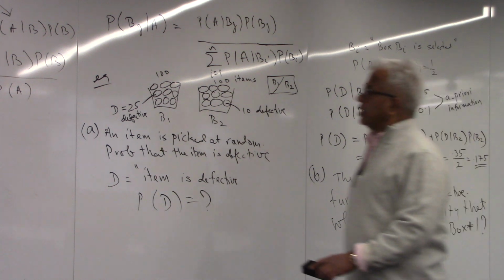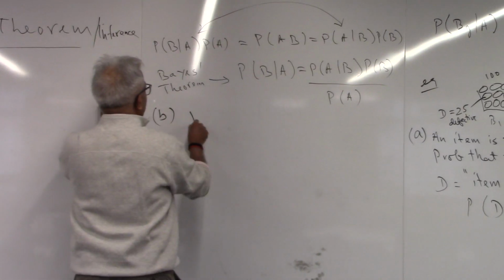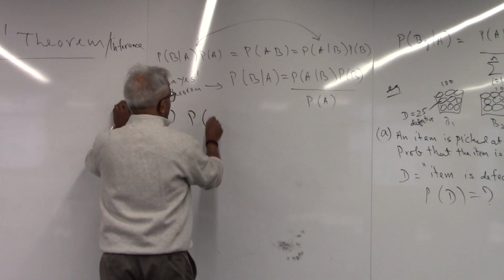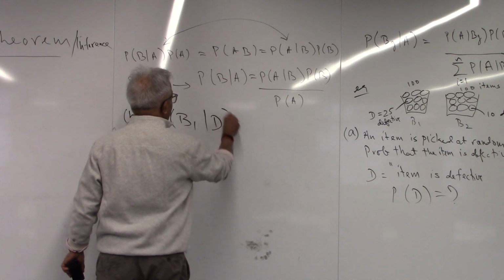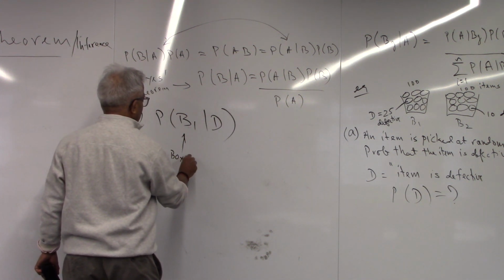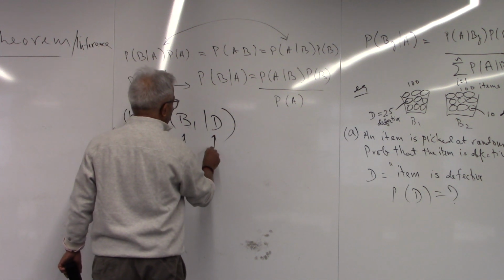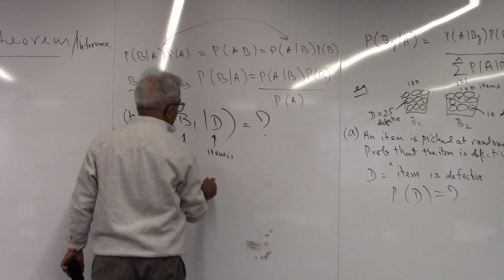So what we need is the probability that it came from box 1 given that the item is defective. So this is what the problem is asking for.